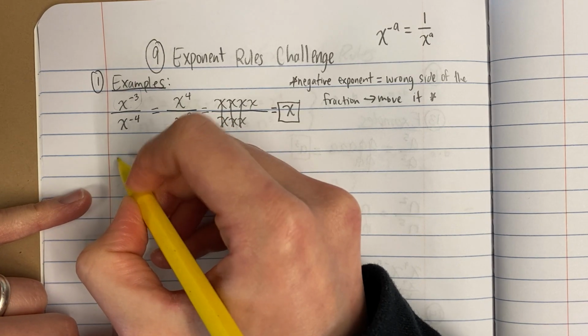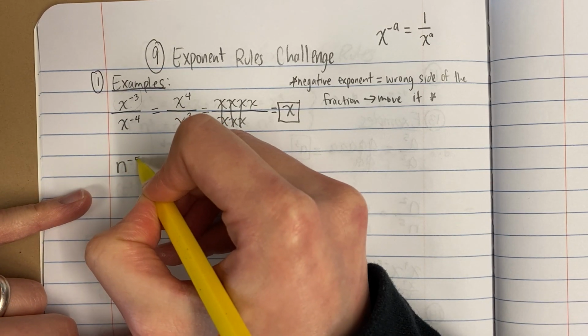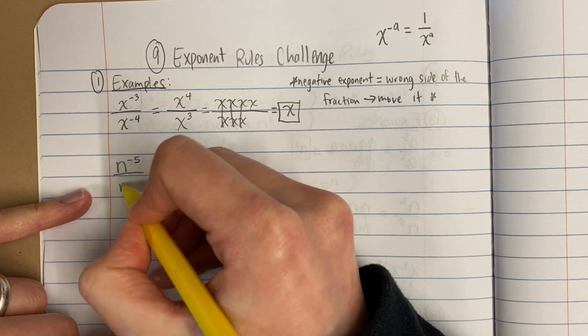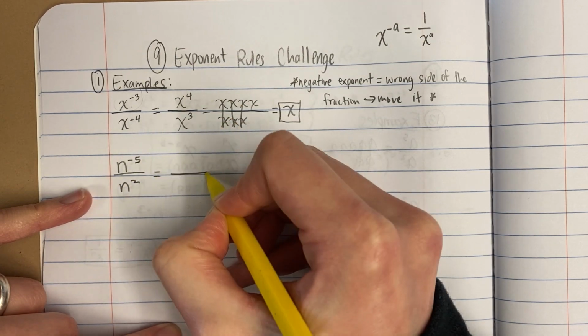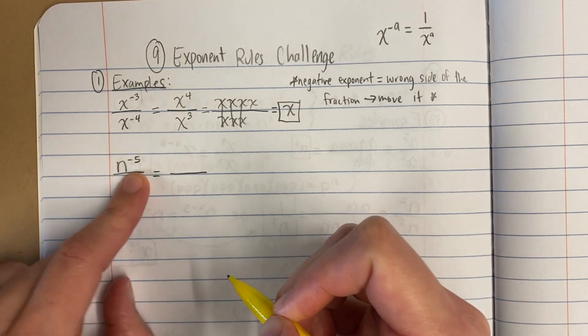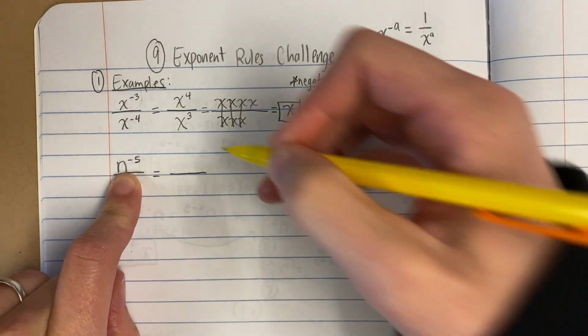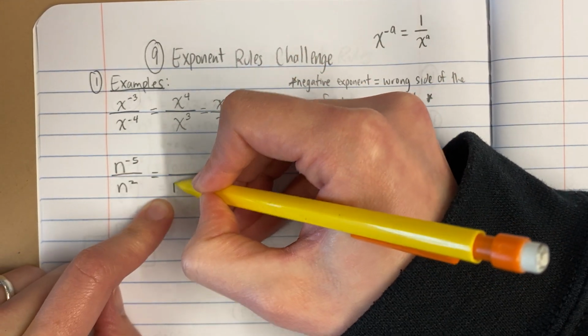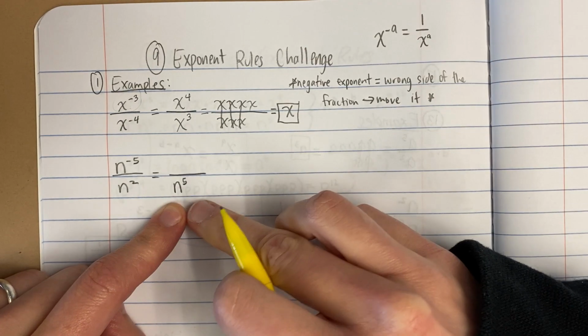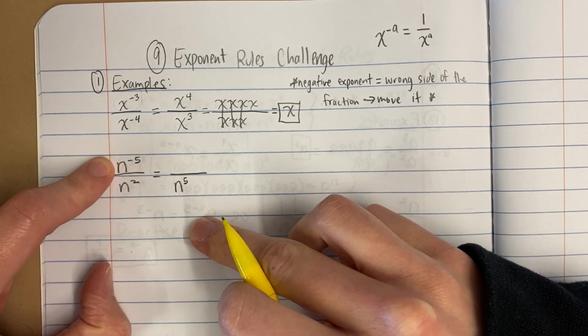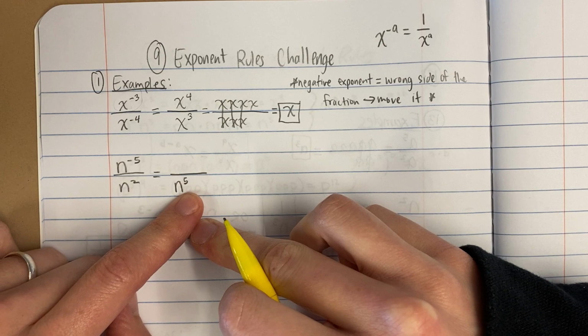Now what if I have something like this, n to the negative 5th over n to the 2nd. Let me draw my fraction bar. I look at this and I'm all, oh, it's a negative exponent. It's got to go. It moves down here. Now it's positive, because I moved it. It was on the top, not okay. Moved it to the bottom, now it's positive. We're all good.